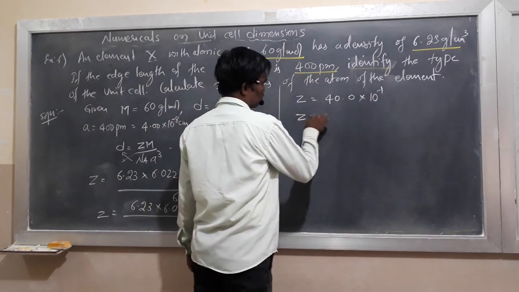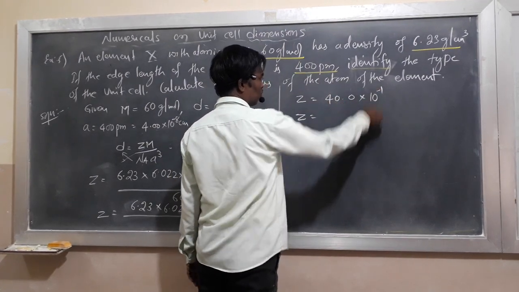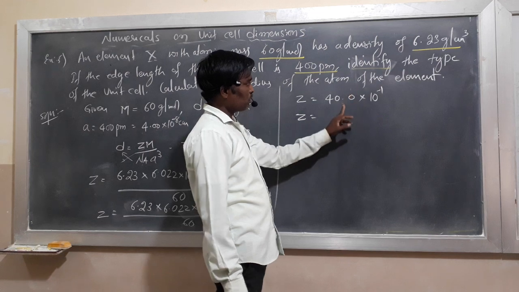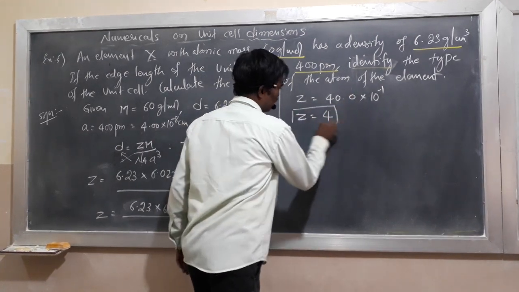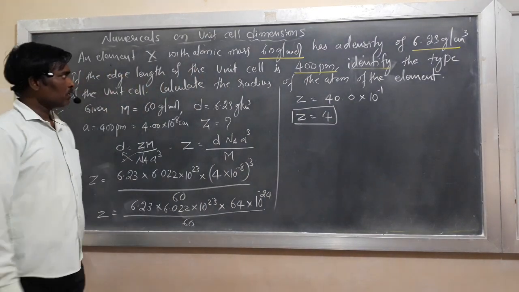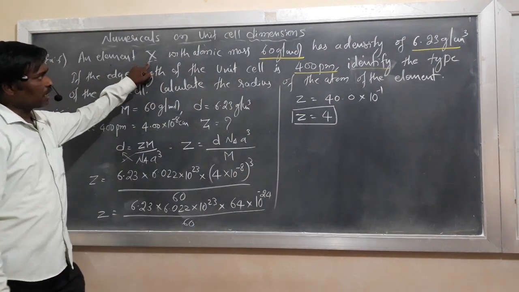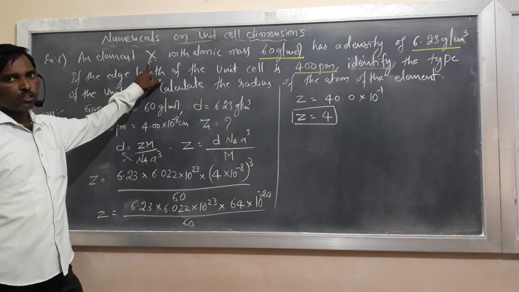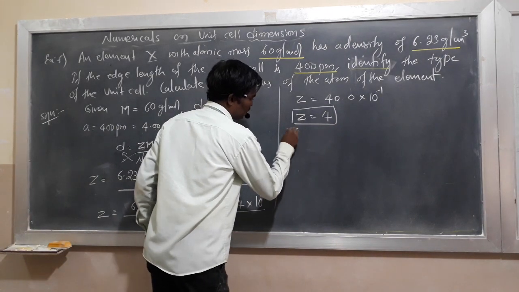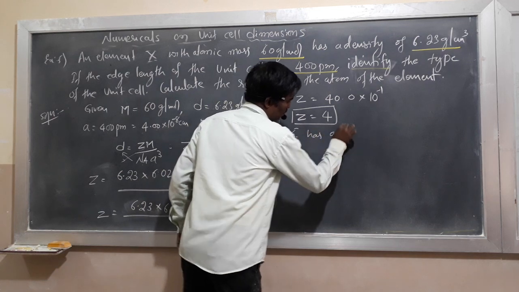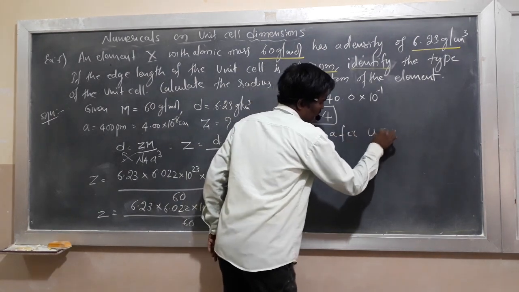Then Z is equal to 40 into 10 raised to minus 1. 10 raised to minus 1 means divide that by 10, so that equals 4. So here the Z value is 4. Z value 4 means this element X has an FCC unit cell.